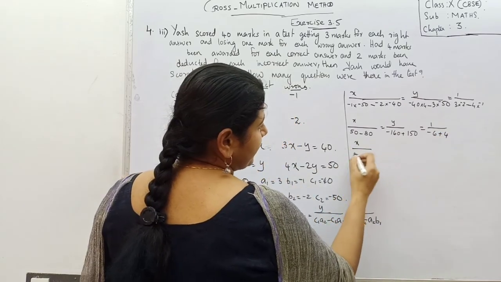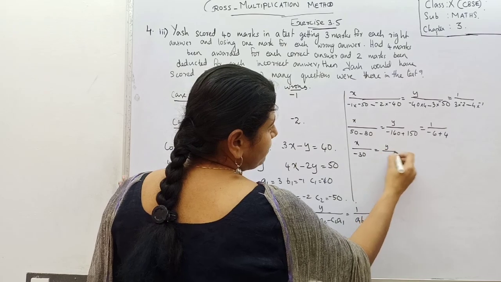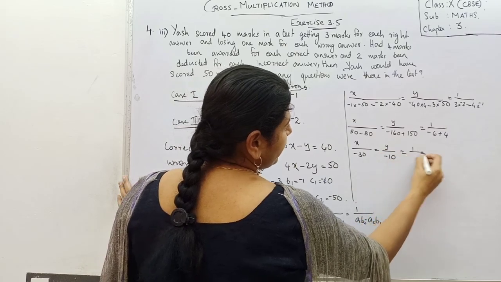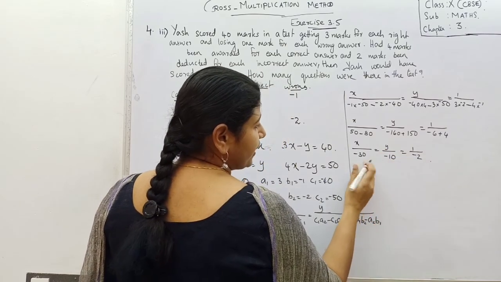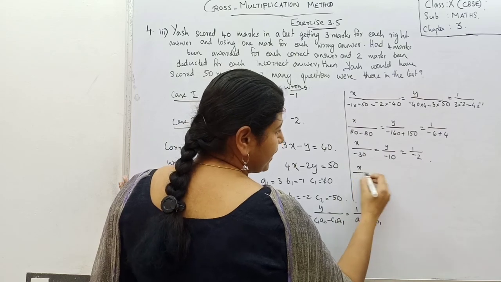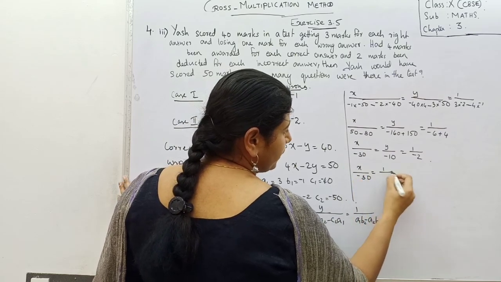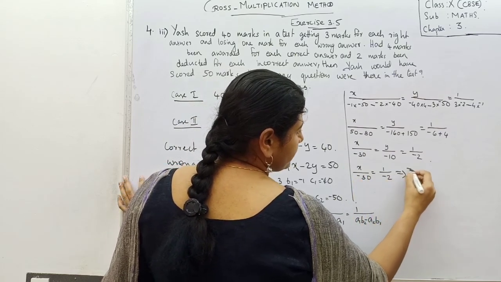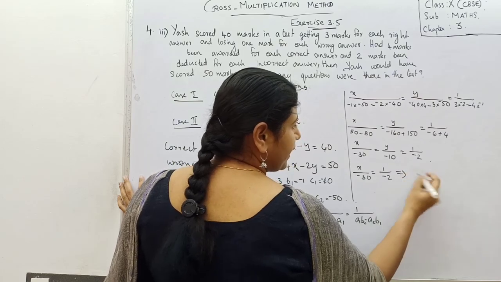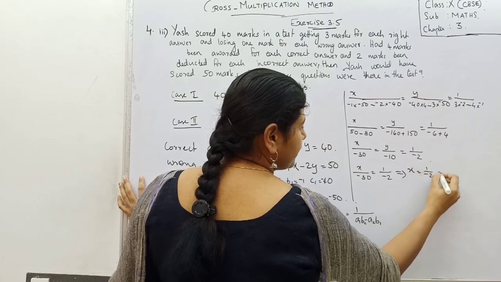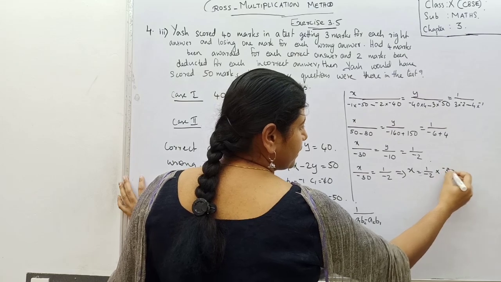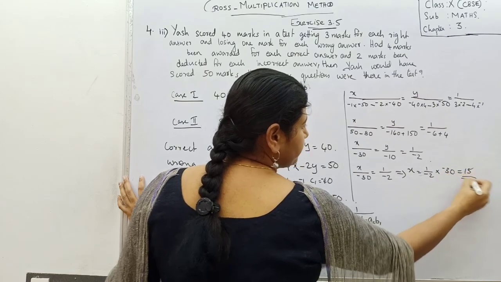So x by negative 30 equal to y by negative 10 equal to 1 by negative 2. Taking the first and third, x by negative 30 equal to 1 by negative 2, so x equals 1 by negative 2 into negative 30, which gives 15.